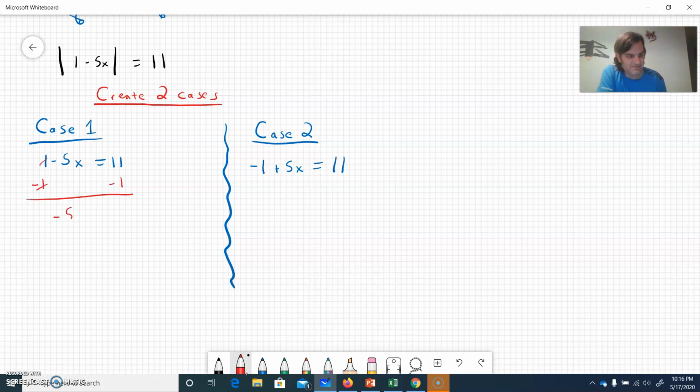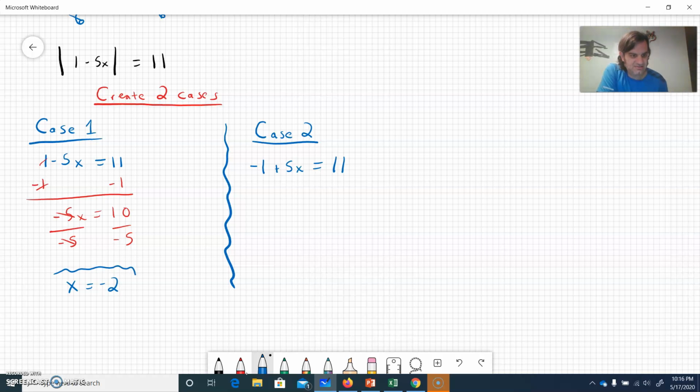This gives me negative 5x equals 10, and then I will divide by the coefficient. I'm solving these two things completely independent of each other. In the end, I get x equals negative 2 after dividing both sides by negative 5.